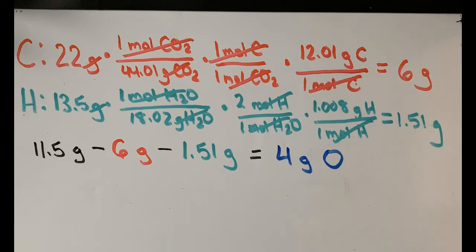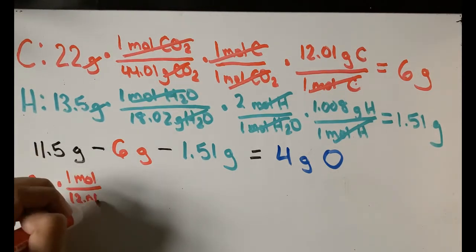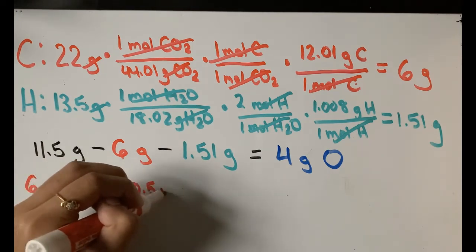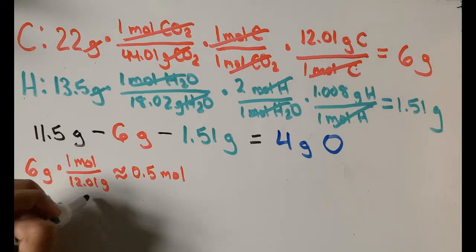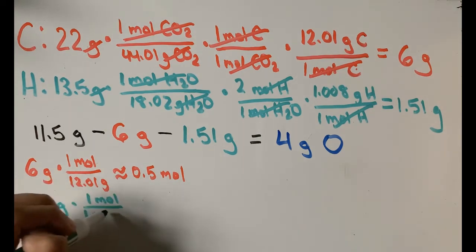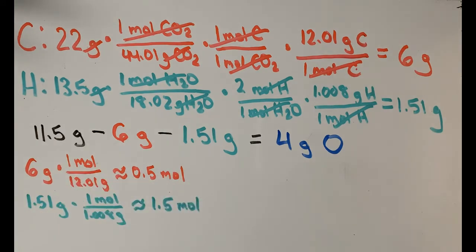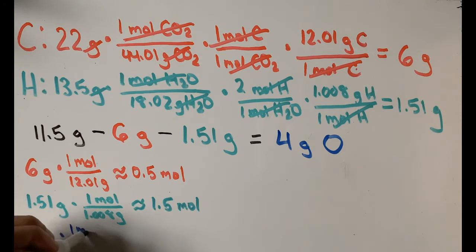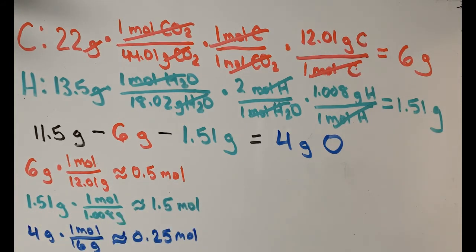Now we have to convert all the elements back into moles by dividing it by its mass per mole. 6 grams of carbon times 1 mole per 12.01 grams is 0.5 moles of carbon. 1.51 grams hydrogen times 1 mole hydrogen per 1.008 grams is about 1.5 moles hydrogen. And finally, 4 grams of oxygen times 1 mole per 16 grams of oxygen is 0.25 moles oxygen.